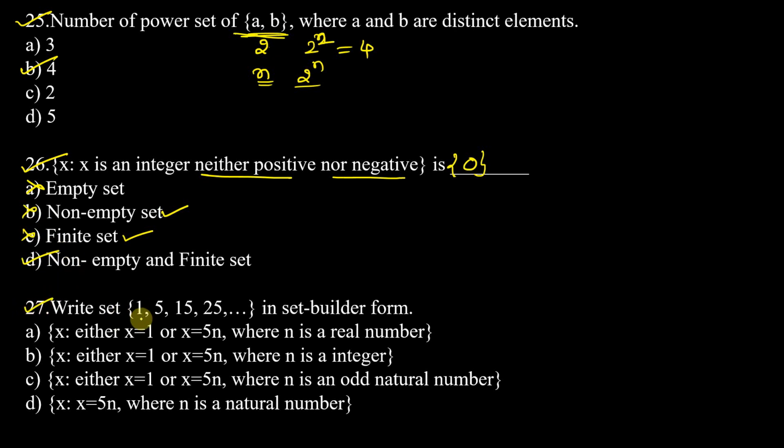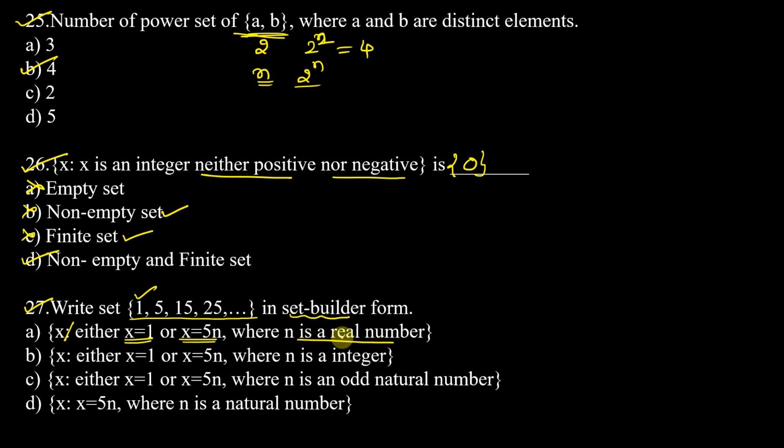Question 27. Write the set {1, 5, 15, 25} in set builder form, meaning in the rule form. Now look at option A: x such that either x equals 1, correct, or x equals 5n, where n is a real number.